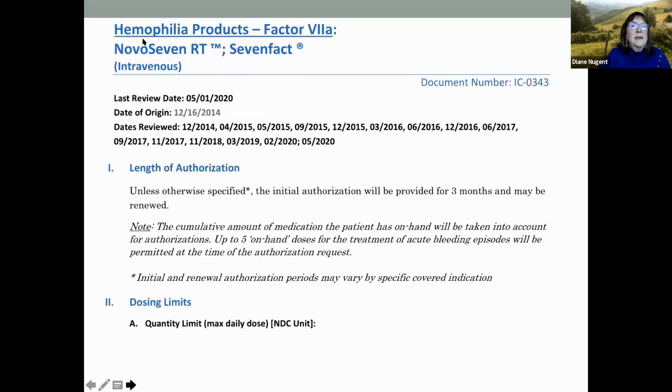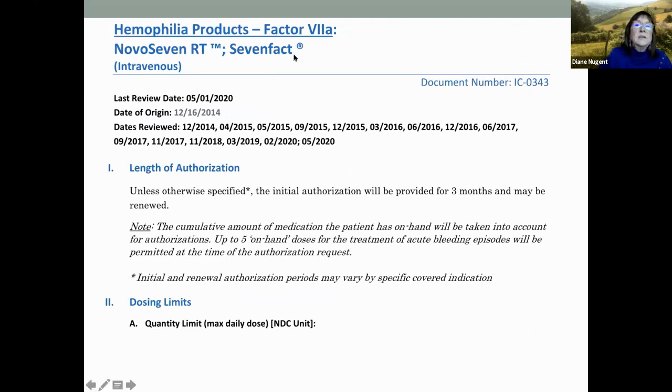Novo 7 is one of the traditional recombinant 7 that we've used. And it's also used for Glanzmann's and other bleeding disorders. 7-FACT is an activated factor 7 as well. The clinical trials were not done in platelet disorders, nor was it done for surgery.